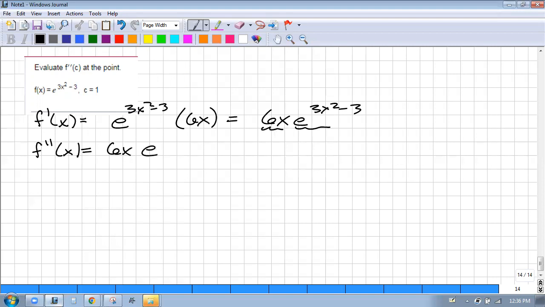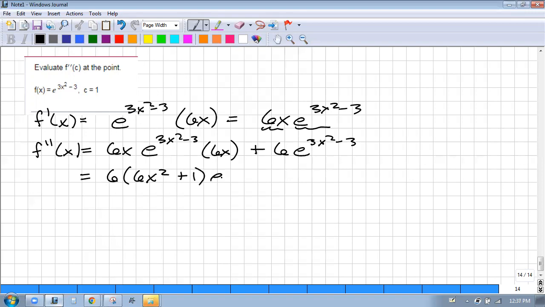The derivative of e to the stuff is e to the stuff times the derivative of stuff. Now we have the derivative of the first times the second. I can pull a 6 out of all this, and I'd still have a 6x squared plus 1, times e to the 3x squared minus 3, right? 6 times 6, x times x, and then 6 times. So there's our second derivative.